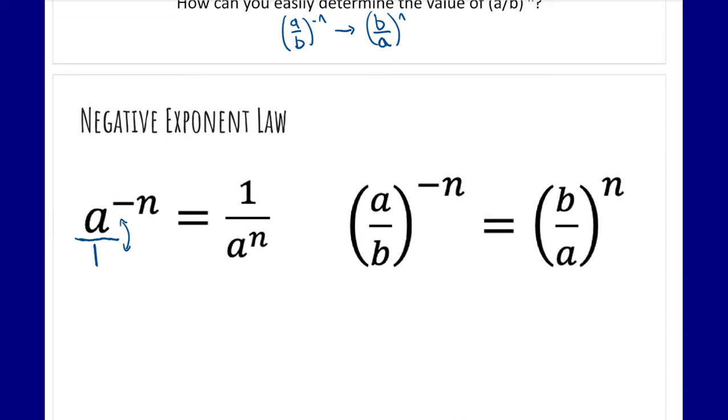If we look at a fraction base, same thing applies. We flip our fraction, so it goes from a over b to b over a, and our exponent becomes positive. So that's how we get rid of negative exponents, and we generally want to keep things with positive exponents only.